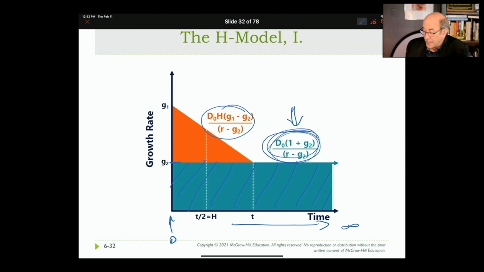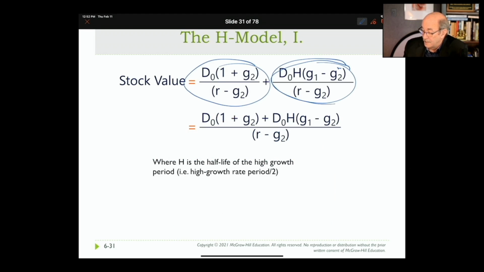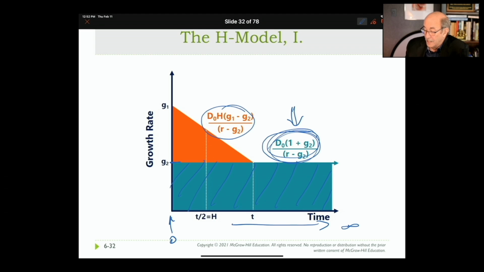The other term, in fact the second term here, gives us the value for this orange triangle piece. So this is that half-life, if you will. Rather than doing what the two-stage would show, where we'd be going along at growth rate G1 until time t, and then it would drop down to G2 on out to forever, the H model says, well, that's not very realistic.